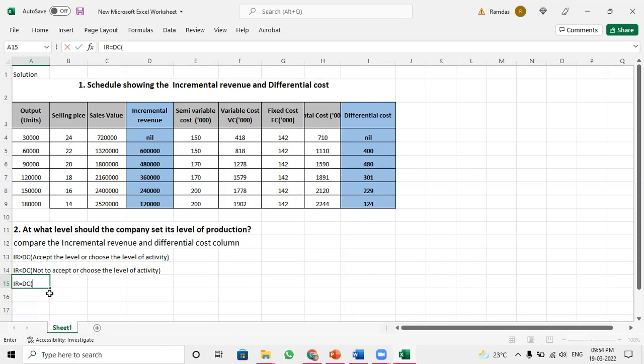If at the next level there is a decrease in the incremental revenue, or if the incremental revenue is lesser than the differential cost, then you have to find out the level at which your incremental revenue is greater than the differential cost.